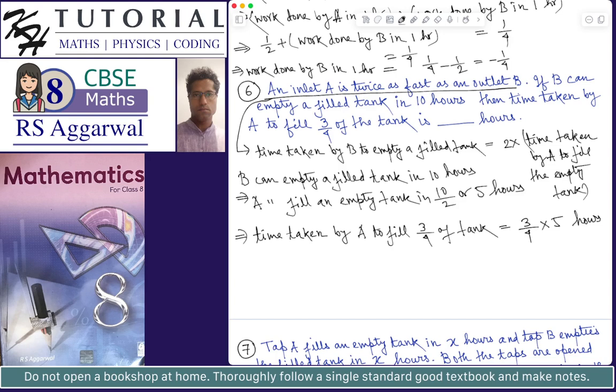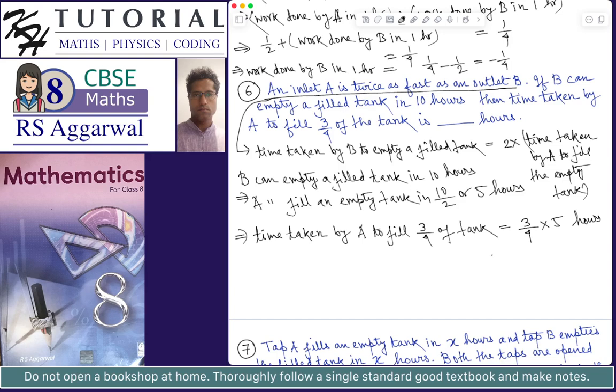If pipe A can fill an empty tank in n hours, then P by Q part of the tank will be filled by A in P by Q multiplied by n hours.